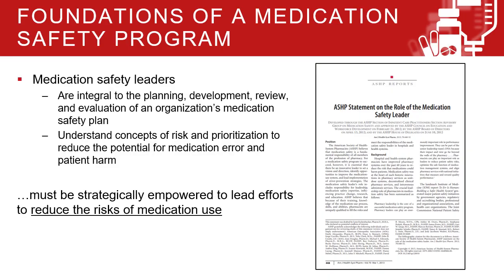Without a strong risk identification strategy, healthcare organizations are left reacting to errors rather than preventing them. Additionally, understanding risk helps us to prioritize improvement efforts, ensuring that resources are directed toward the areas of highest impact. Medication safety leaders must champion this process by fostering a culture of safety, leveraging both proactive and reactive risk identification methods, and integrating evidence-based strategies to continuously enhance medication use systems.